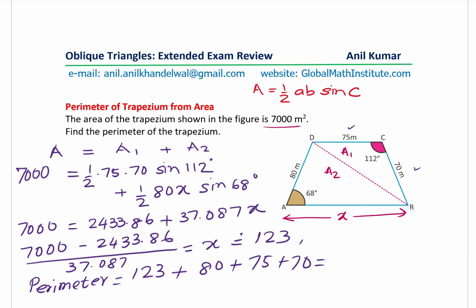Adding them, we get the perimeter in meters. So 123 plus 80 plus 75 plus 70 gives us the answer as 348 meters, right? So that is how we get our solution. We have the answer as 348 meters is the perimeter.